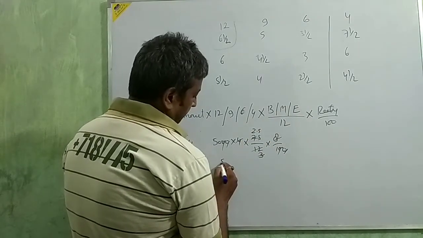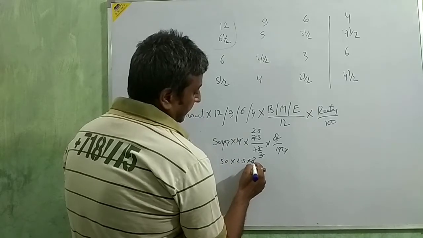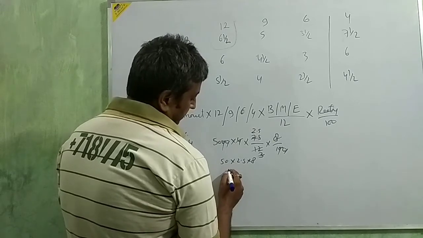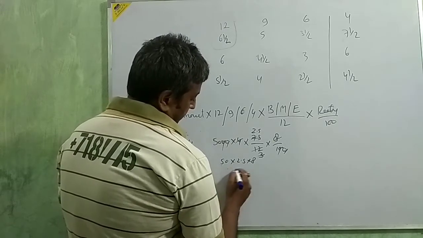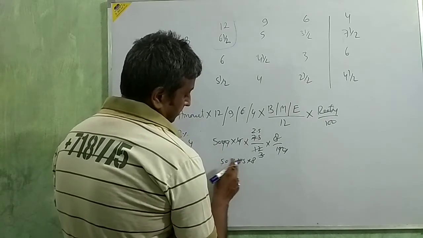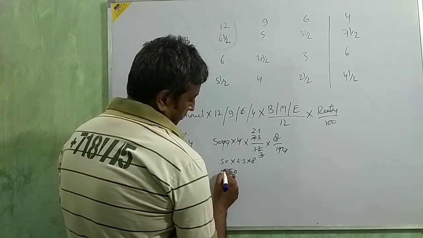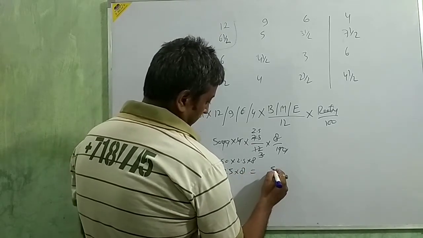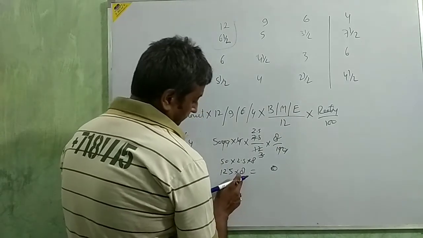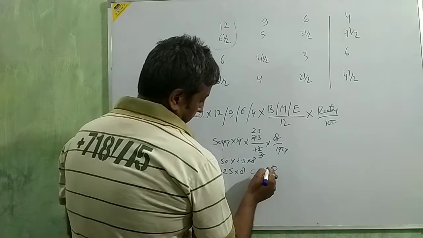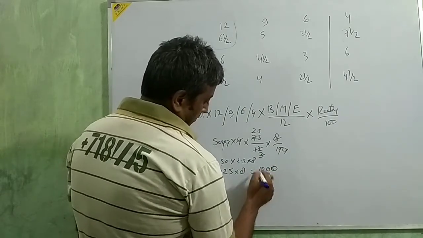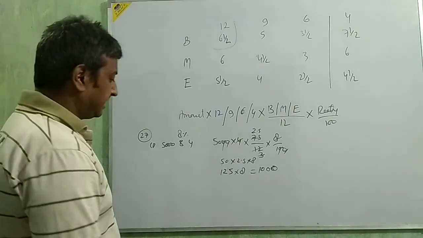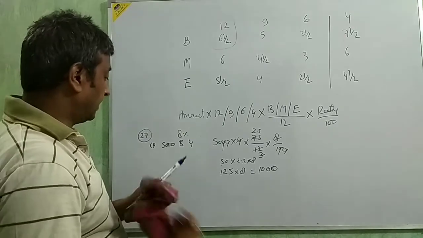Then 50 into 2.5 into 8. This 0 is finished. The answer is 1,000. Clear, beta? Then go for the next.